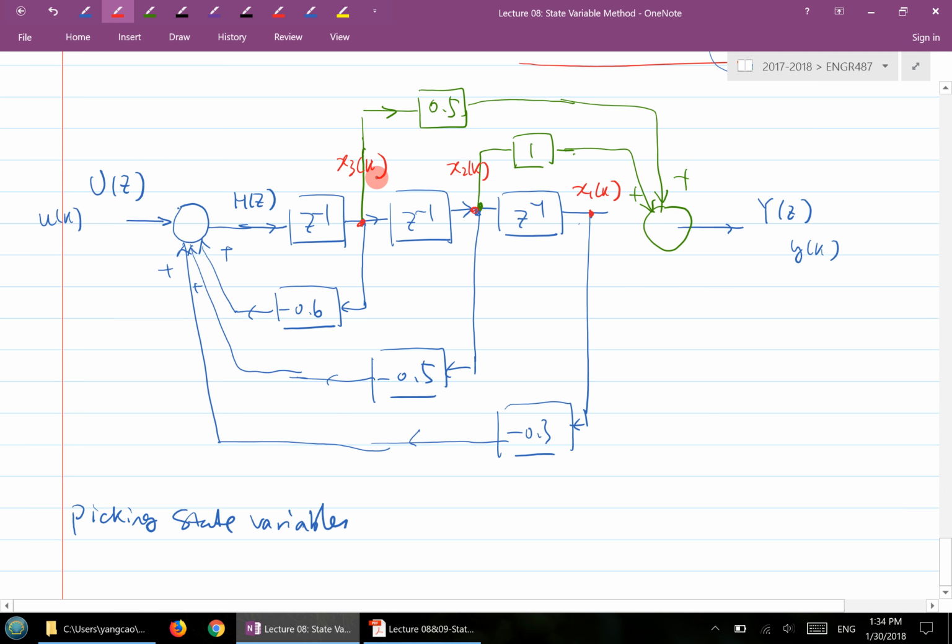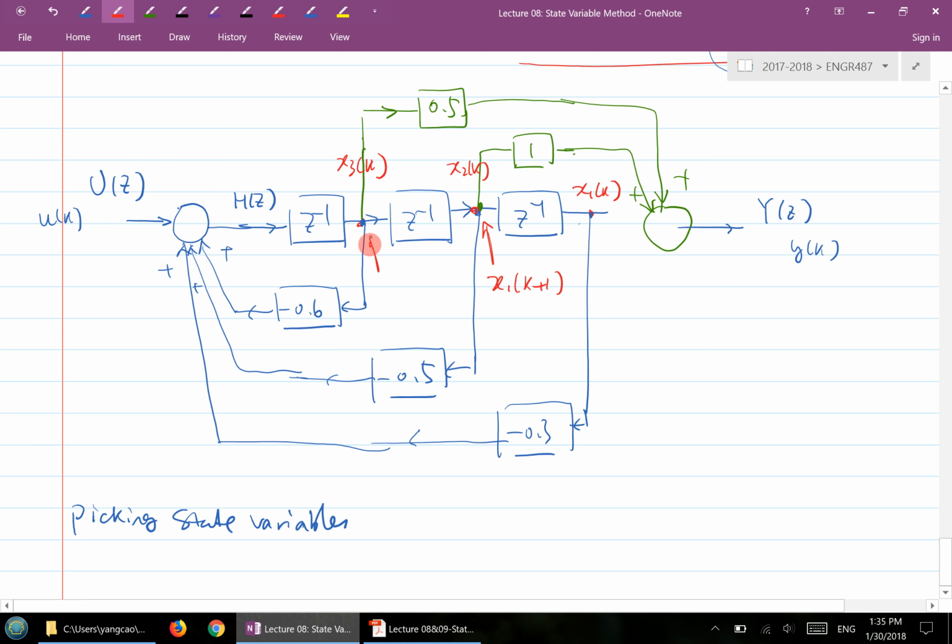And once you get the state variables, if you look at this is your x1 of k here. This is your x2 of k. But technically speaking, this location can also be called what? x1 of k plus 1, right? Because this is a 1 delay. So x1 of k plus 1 delayed by 1, you get x1 of k, right?